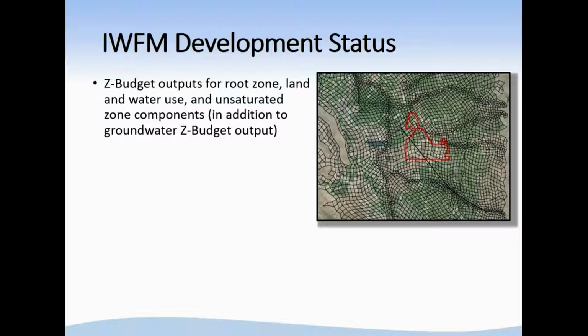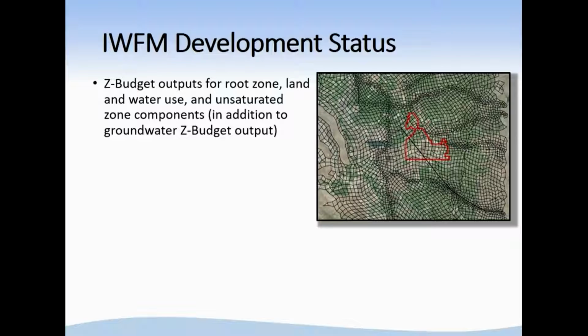Originally, we only had zone budget output for groundwater. But now we have the zone budget outputs for all hydrologic components: root zone, land and water use, unsaturated zone, including the groundwater. So the idea is that especially with C2VSim, we are providing the fine grid C2VSim to the GSAs.